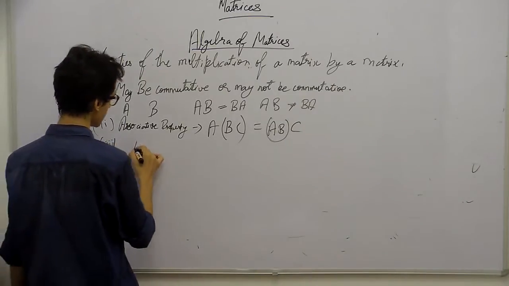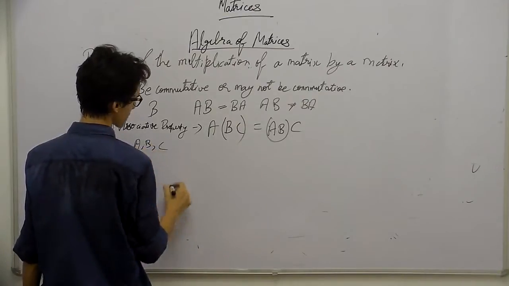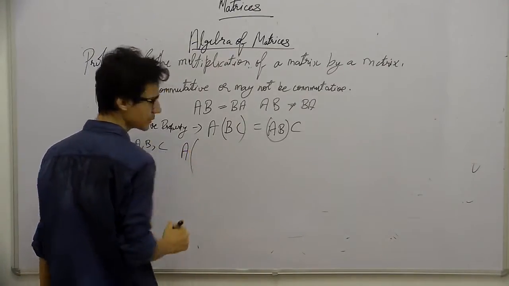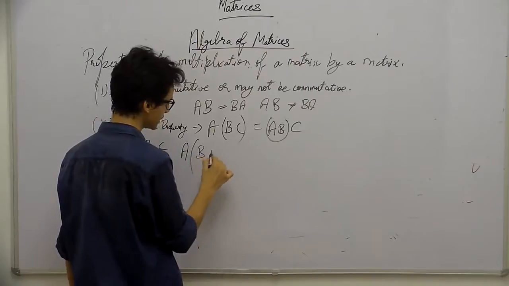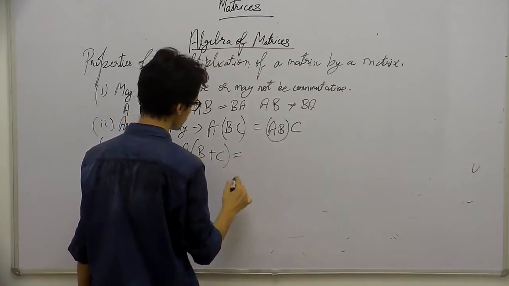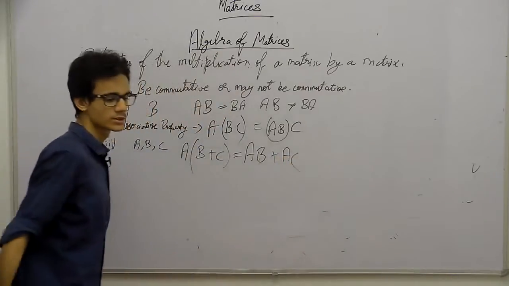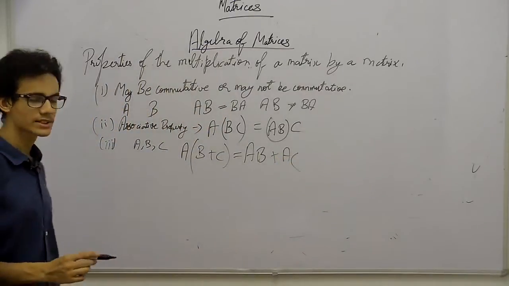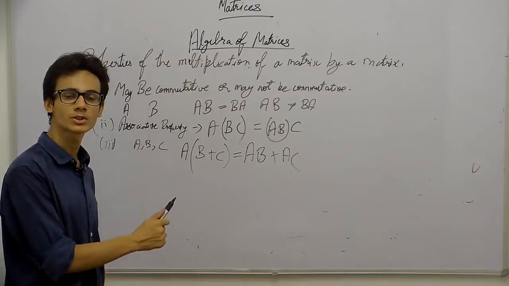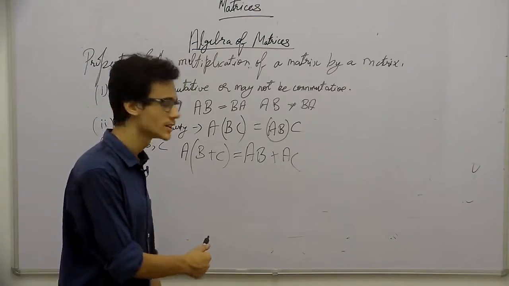If we have three matrices A, B and C, then A times the sum of B plus C is equal to A times B plus A times C.